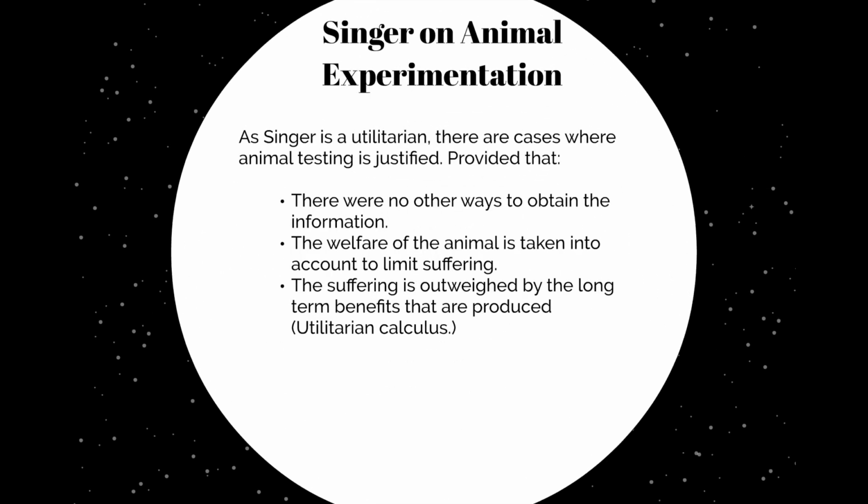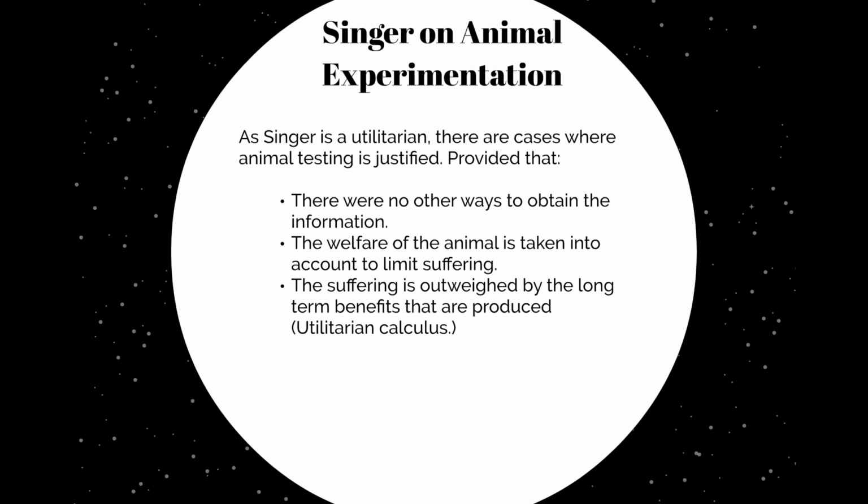So what does this mean? This means that we should do, for Singer, that action which brings about the greatest good for the greatest number, which would mean for Singer that most research utilizing animals is problematic. However, in cases where research will bring about the greatest pleasure for the greatest number, that would be accepted.